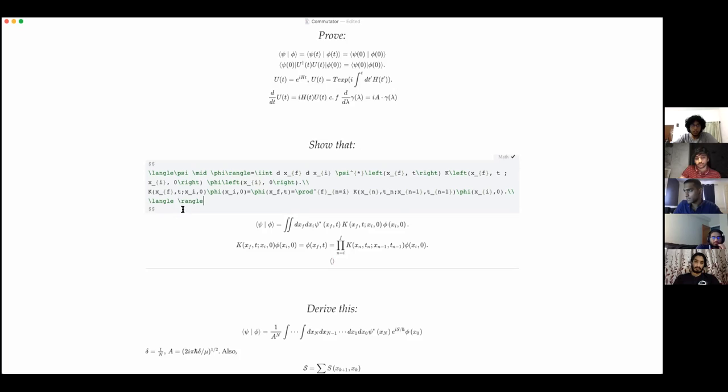So that integral expression I had, what it basically is, is psi of t, and then I have phi of 0, and then I have something in between. So I have a product here.